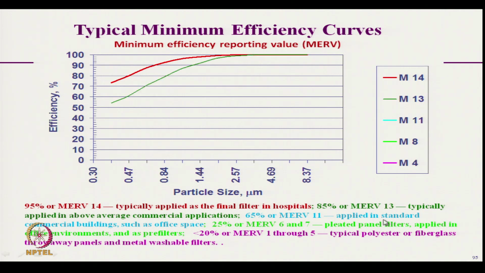Then MERV 13 has lower filtration efficiency, and filters with larger pores are MERV 11. There are different applications: MERV 13 is used for average commercial applications, MERV 11 in commercial buildings, and MERV 8 pleated filters are used as air filters and coarse pre-filters.